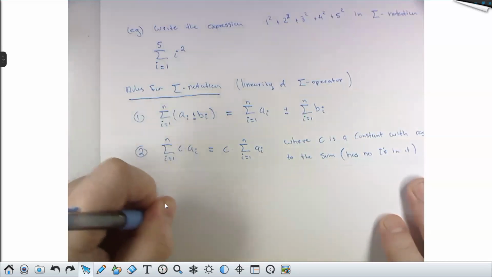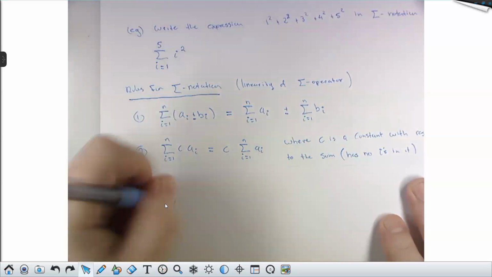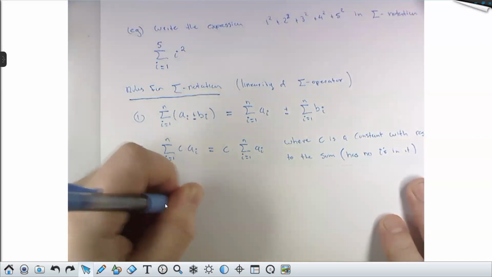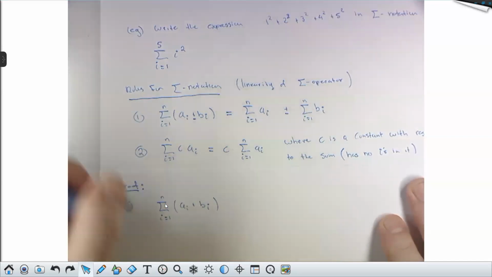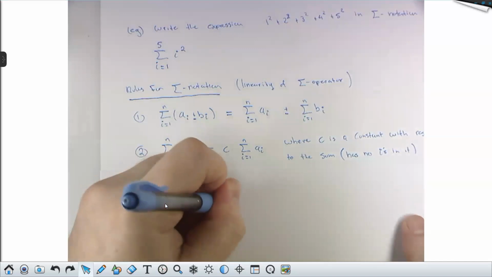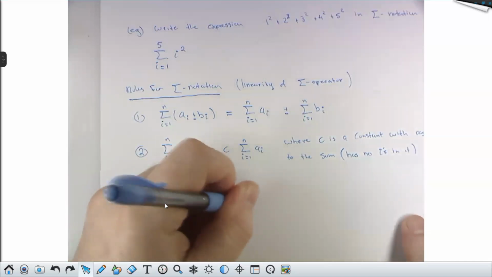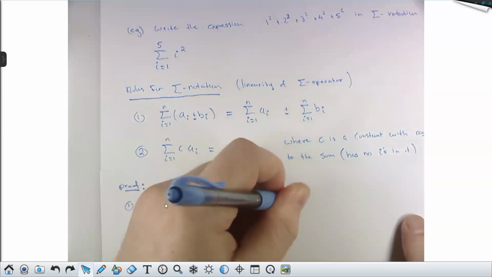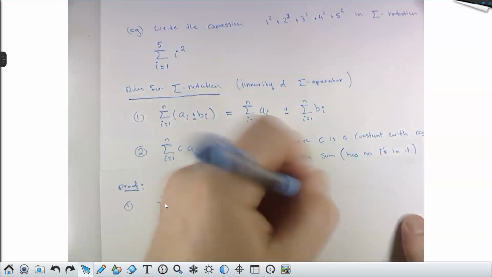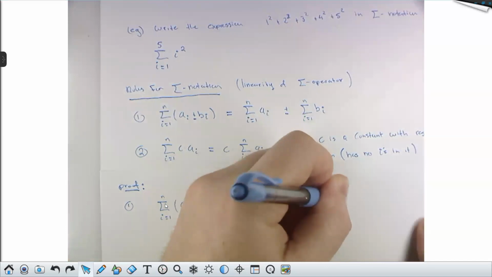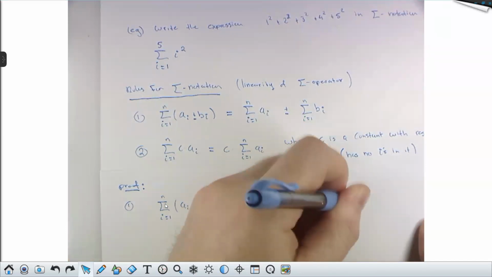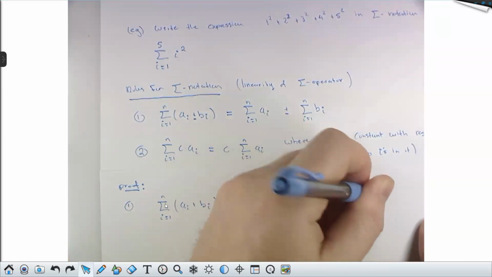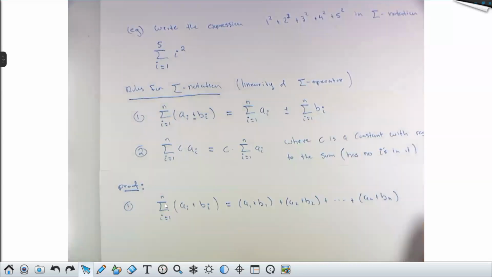Sigma i from 1 to n of a_i plus b_i is by definition (a1 + b1) + (a2 + b2) + all the way out to (an + bn).